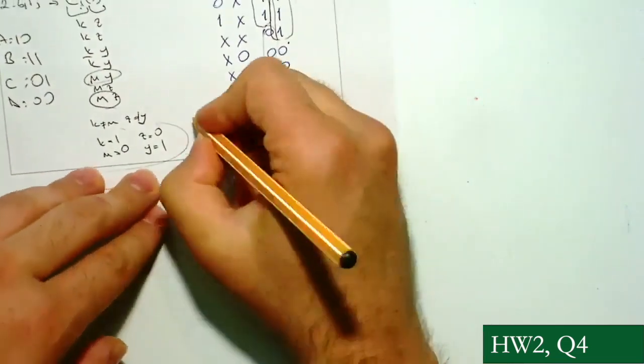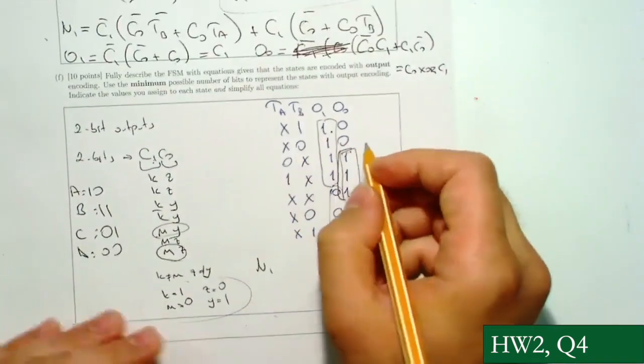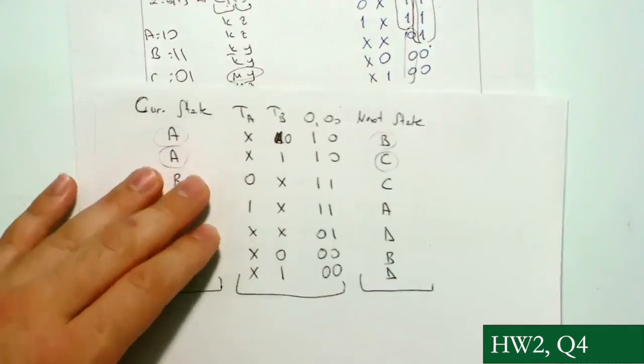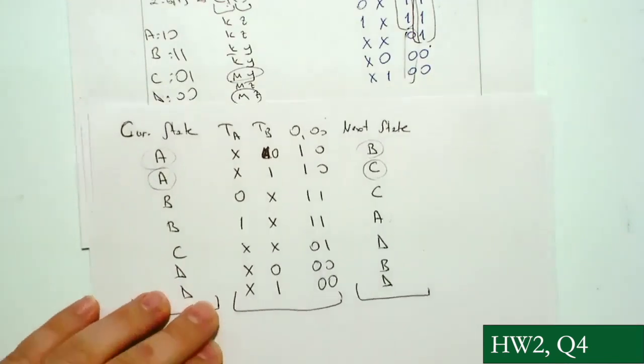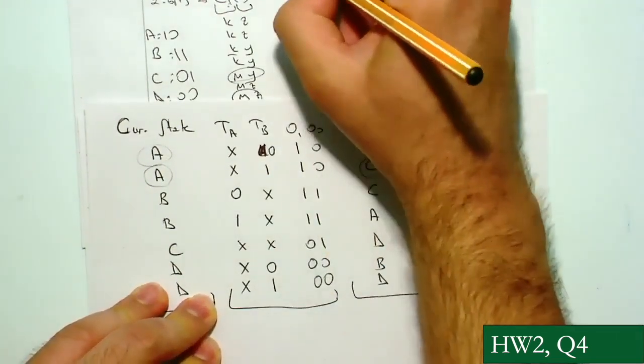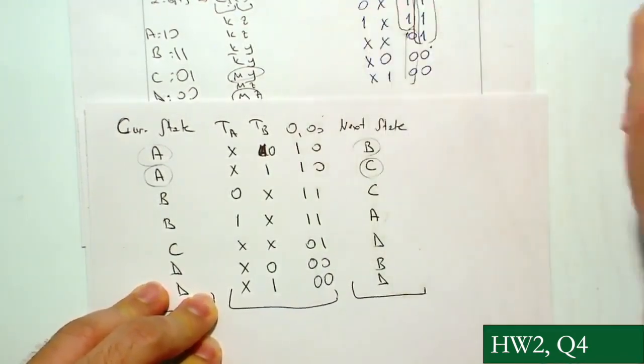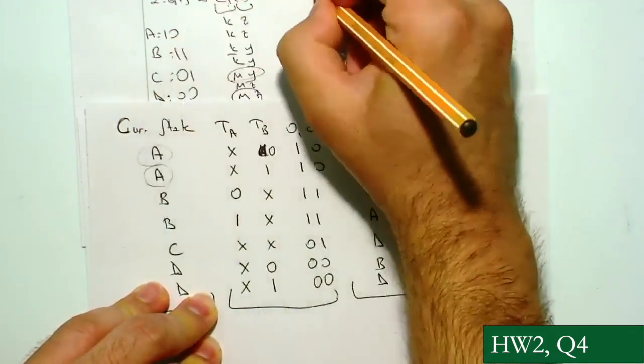So let's write it in that sense. I have A here, then C1, C0, 1 and 0.